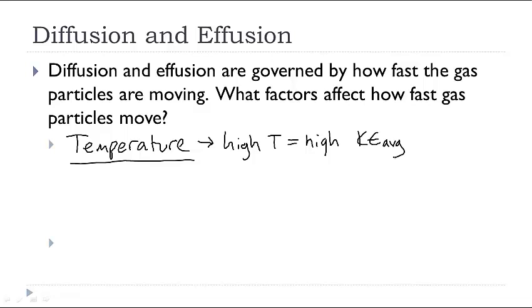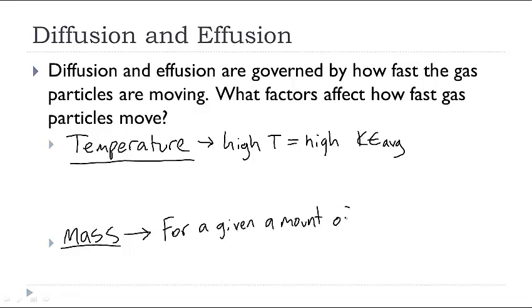There's another component that goes into kinetic energy besides velocity. Mass. So for a given kinetic energy, heavier particles actually move more slowly.